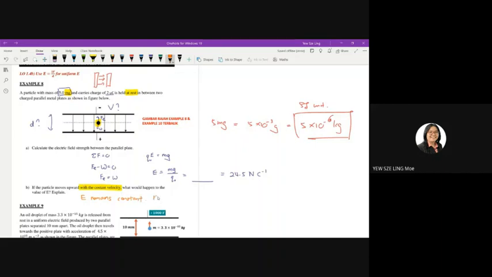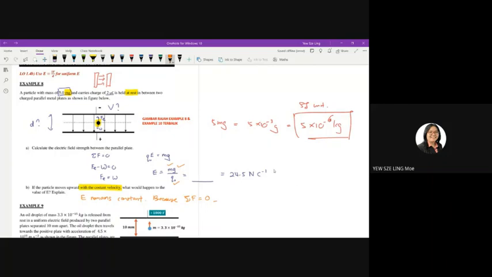Because the summation of F is still equal to 0. Therefore, E remains constant, because m is fixed, g is just a constant value, and Q, you're still looking at the same particle. Therefore, E is still 24.5 N C^-1.